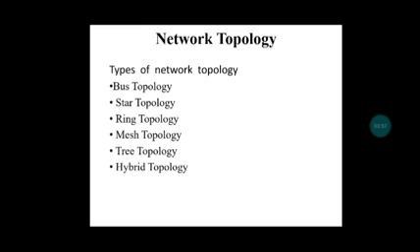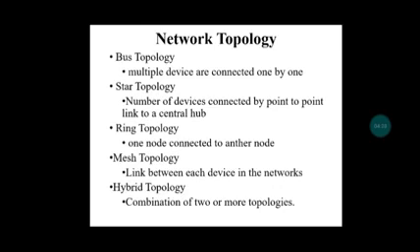Network types: the network is basically classified into six types. We call it topology. Topology is nothing but the way of framing a network for the computers. The first is bus topology, then star topology, ring topology, mesh topology, tree topology, and hybrid topology. Bus topology is where multiple devices are connected one by one to a centralized cable.